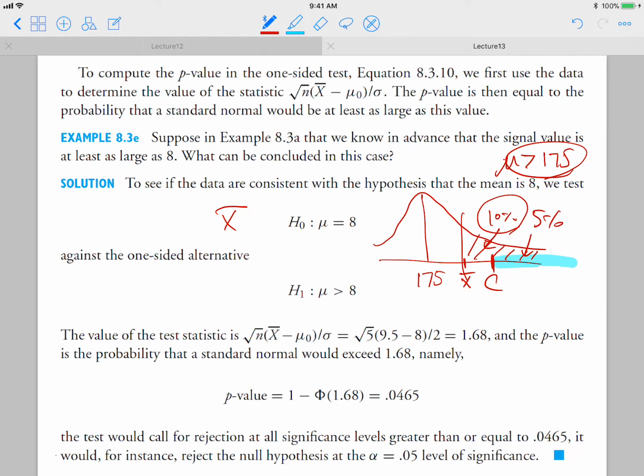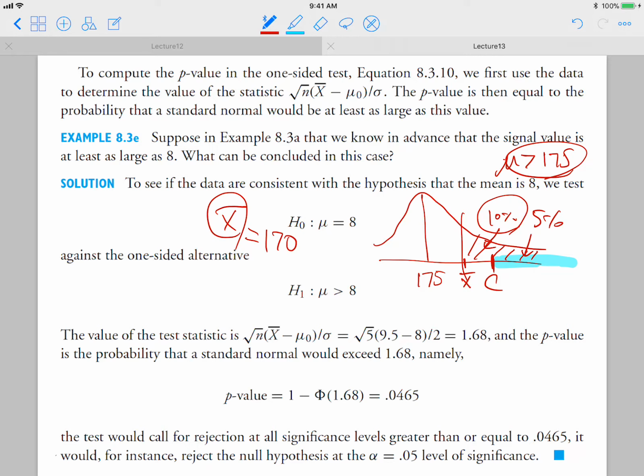Okay, and now let's think of this situation. Interestingly, or a little bit counterintuitively, we expected the sample mean of American people's height to be at least equal to or greater than 175. But suppose we obtained x bar as maybe 170.